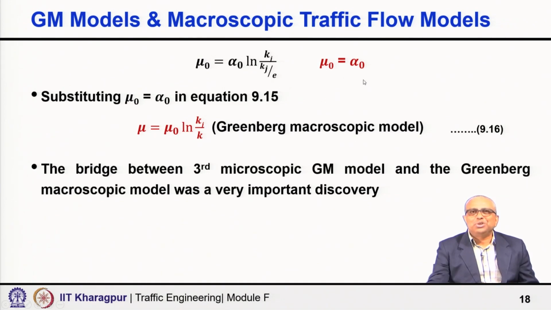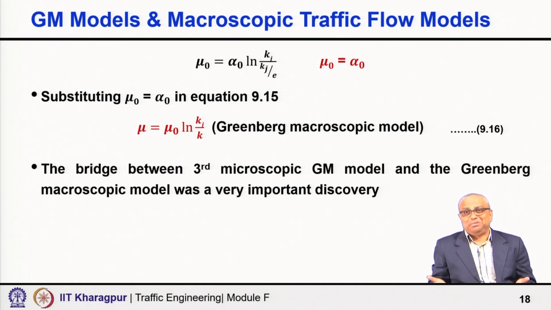That means mu_0 equal to alpha_0 actually. So, now you simply substitute in equation 9.15, mu equal to alpha_0 ln(k_j by k), but since alpha_0 equal to mu_0, you substitute that, make it mu_0, and what you got? You eventually got Greenberg's macroscopic model.